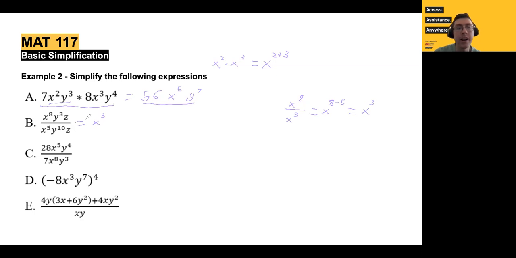And then we have y to the 3rd over y to the 10th. Now, it's just a personal preference for me that I like to leave everything in the numerator, even if it requires a negative exponent.